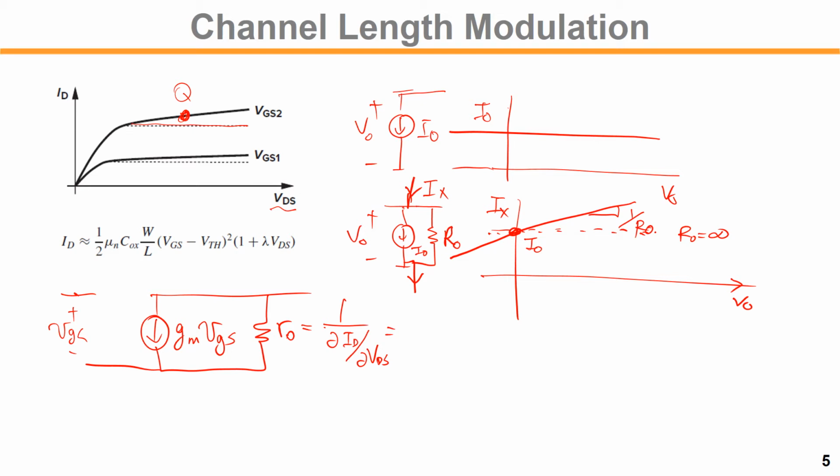From this equation, to model this slope, we added the factor 1 plus lambda VDS. So from this equation, we can find that 1 over lambda ID gives us the RO from this simple representation, right?